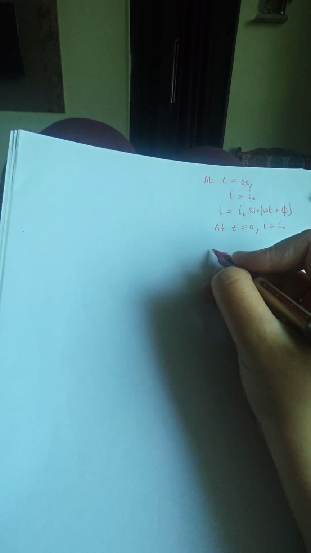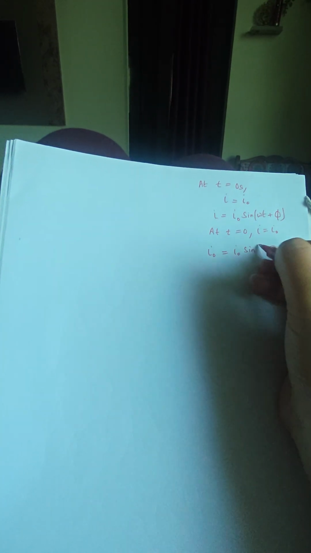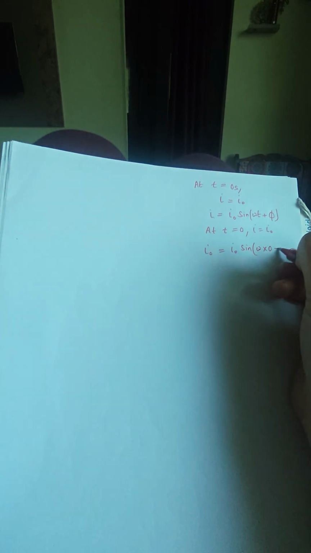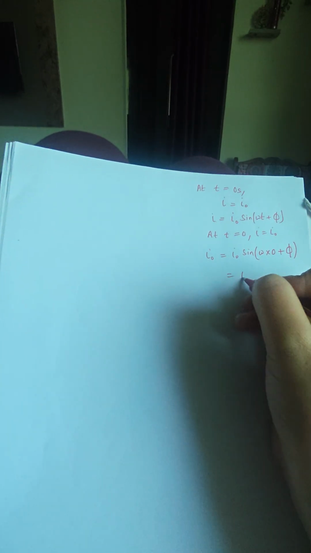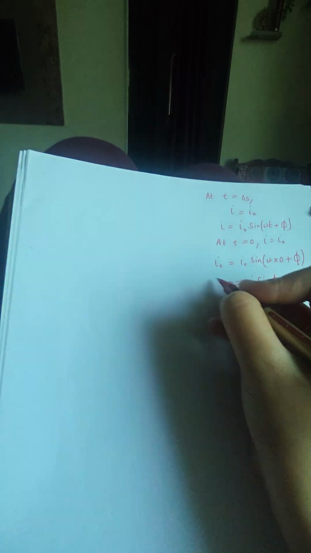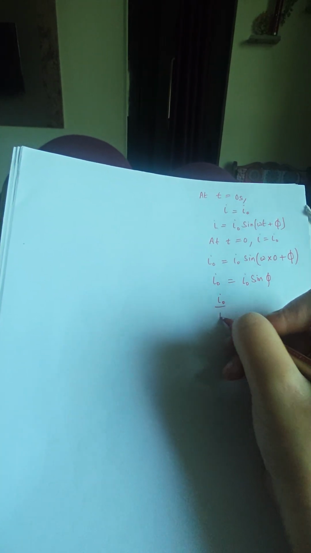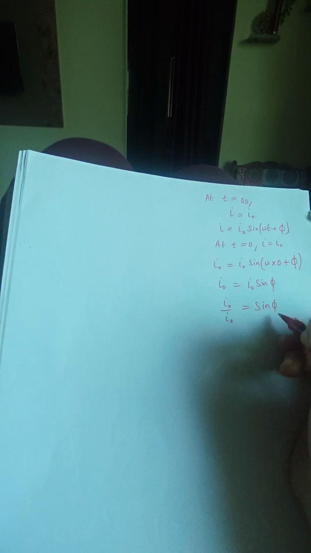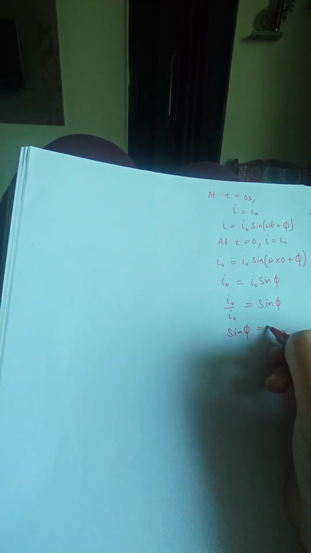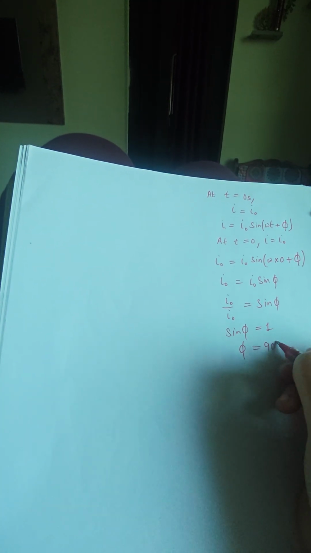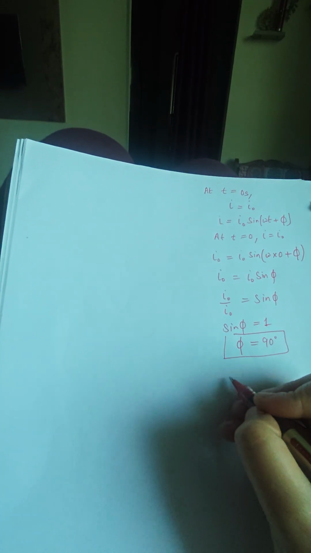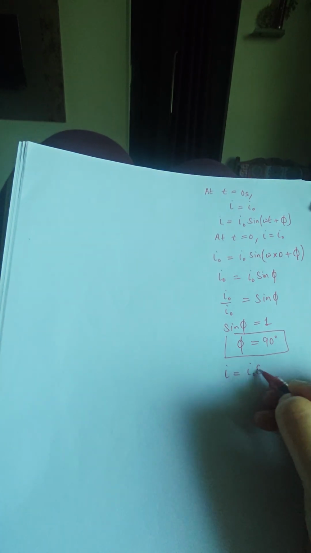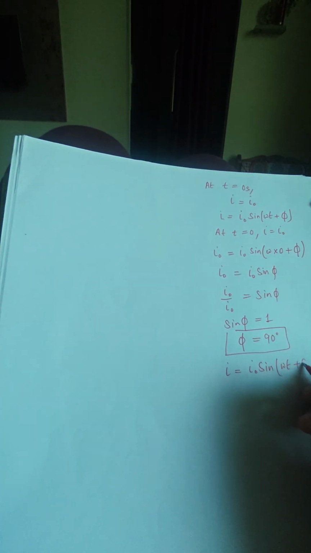I at t equal to 0 is I naught, as I have written earlier also. So I'll put I naught at the place of I. It's I naught sine omega t की जगह पे मैं omega into 0 लिखूँगी क्योंकि मैं t टाइम की सिचुएशन देख रही हूँ. So I naught equal to I naught sine phi, then I naught divided by I naught equal to sine phi, which gives me sine phi equal to 1. So phi will be equal to 90 degree, yes?